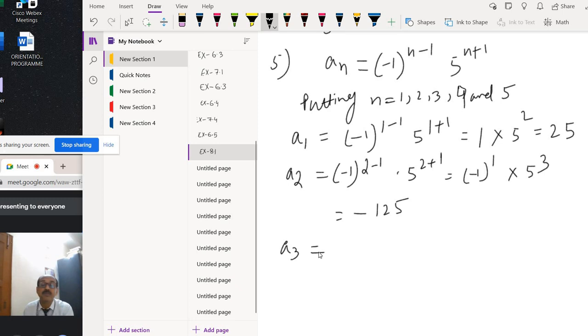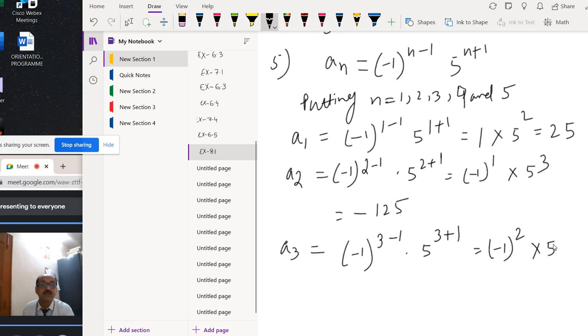a3, minus 1 to the power 3 minus 1 into 5 to the power 3 plus 1, which is equal to minus 1 to the power 2 into 5 to the power 4.